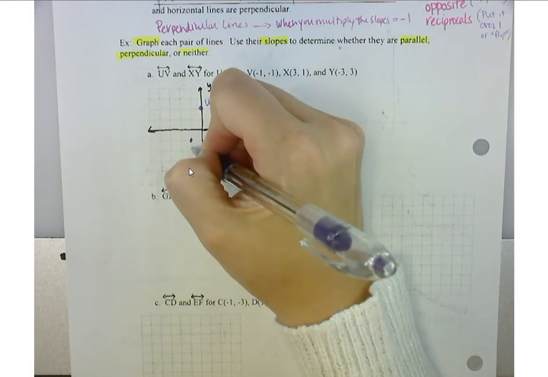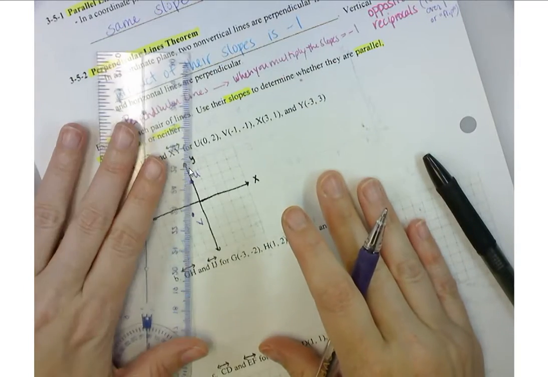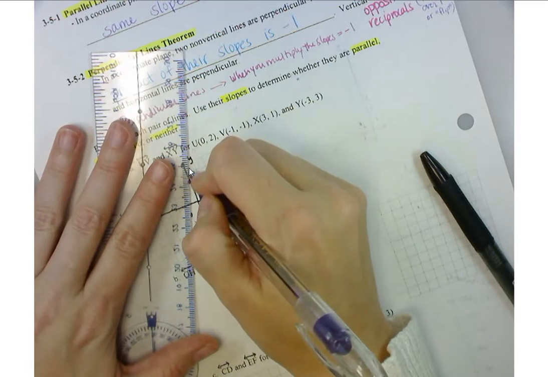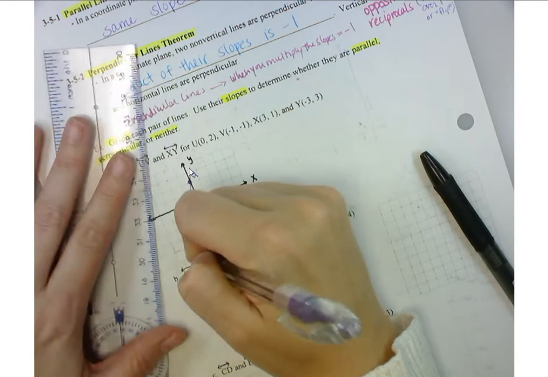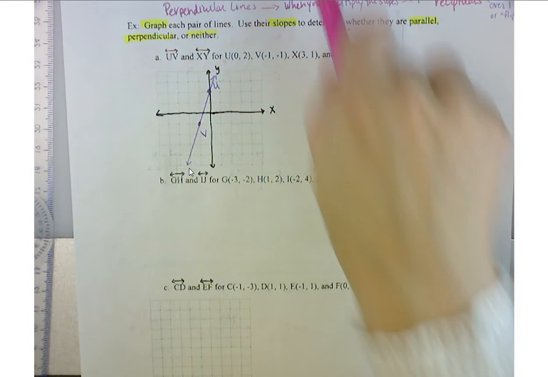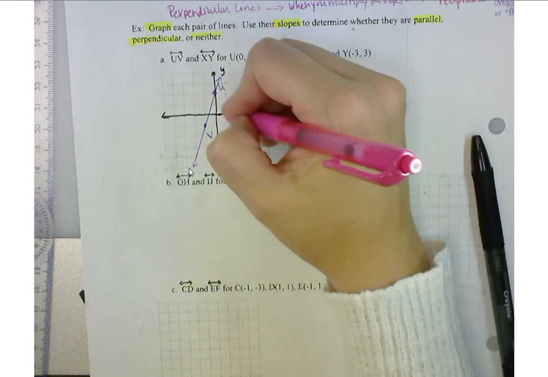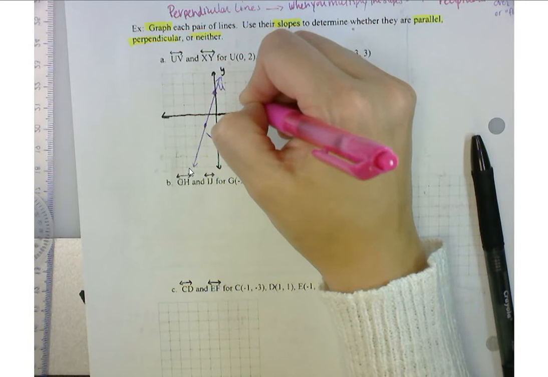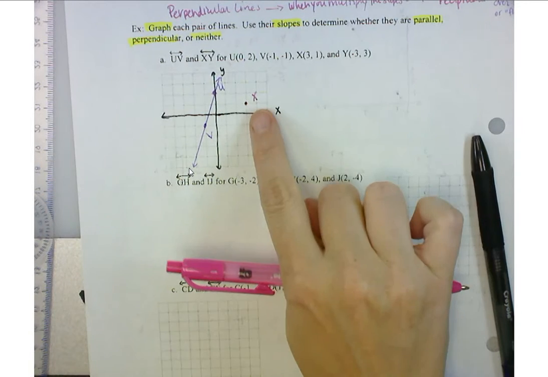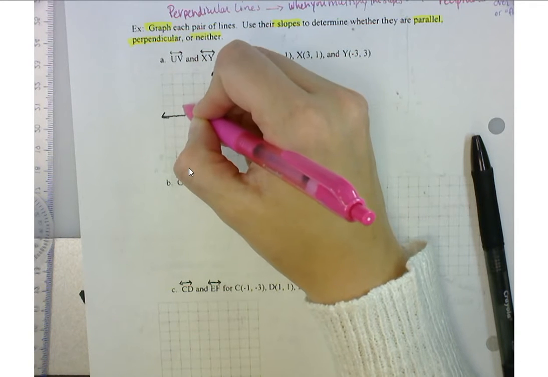So you're going to label that with V. Now you can't just assume based on how they look whether they are parallel, perpendicular, or neither. So make sure that you do prove it using what we just learned. And then for X, I'm at 1, 2, 3, 1. So again, label your point. And then you have 1, 2, 3, 1, 2, 3.